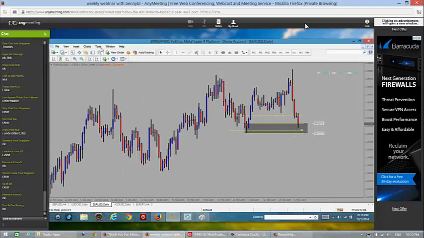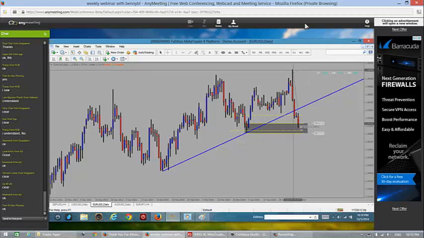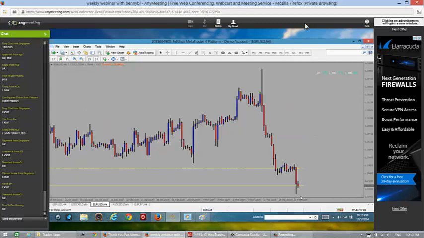Let me see. We are not yet in the downtrend, but this uptrend is over, because we have a full candle close below the trend line. This is a very strong move from the euro, 288 pips.